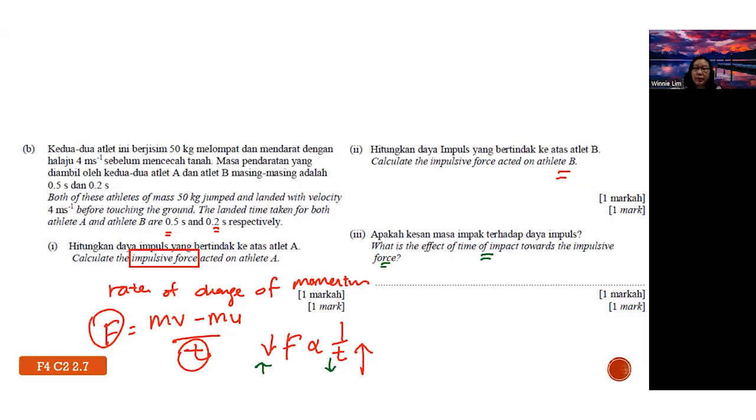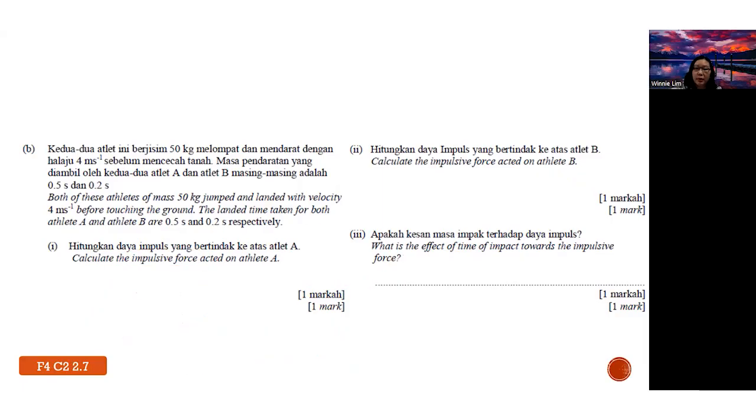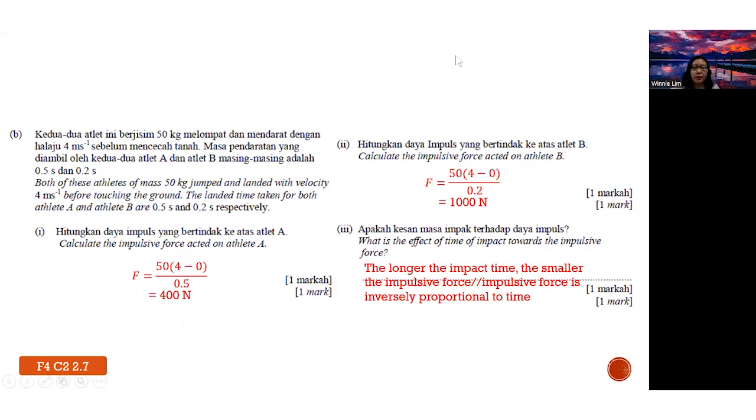Okay, I show you all the answer straight away. Of course, again, you all need to know the given quantities. This is m, this is time. This is for the first one, this is the second one. But they both landed with the same final velocity, which is 4. Again, the formula: mv minus mu over t.